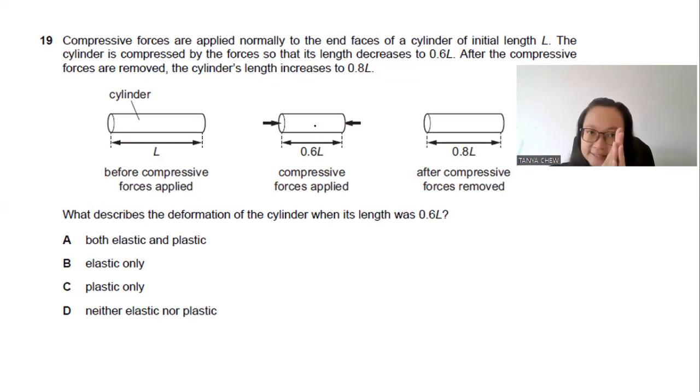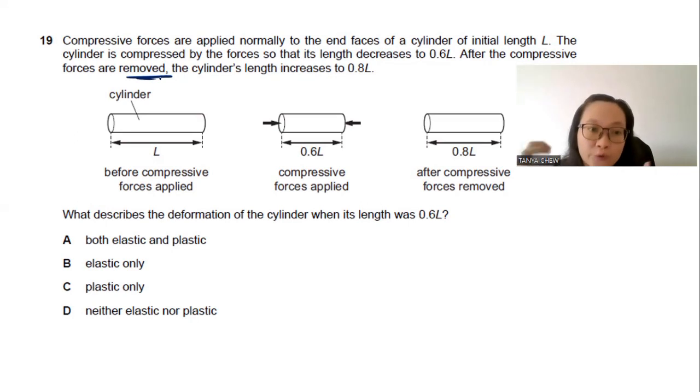So when you compress it, the length will decrease to 0.6 L, right? And then after the compressive forces are removed, the cylinder's length increases to 0.8 L. That means when you remove your compressive force, the atoms inside the cylinder try to restore back to the original position.